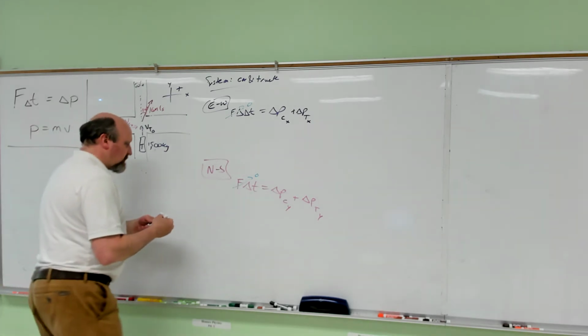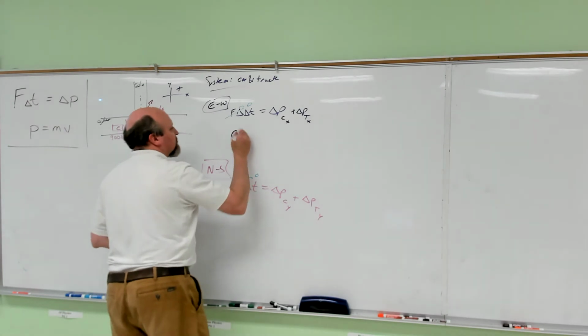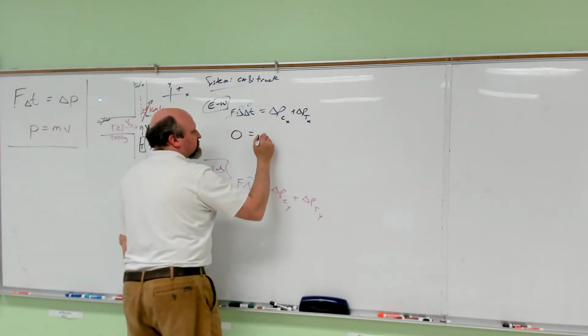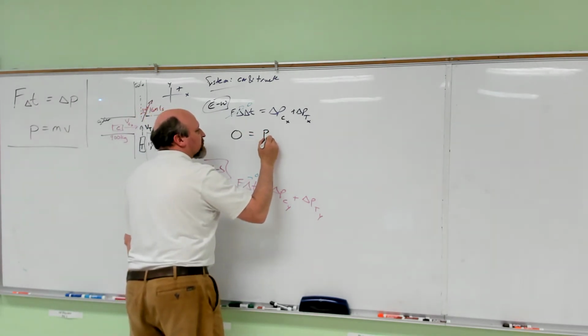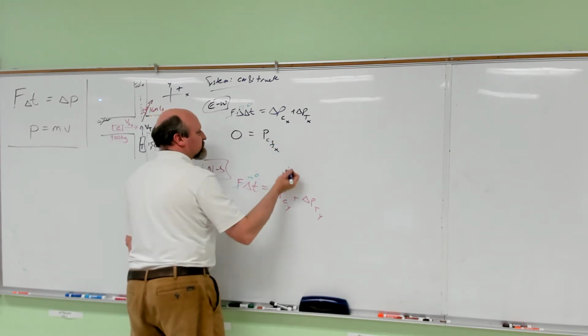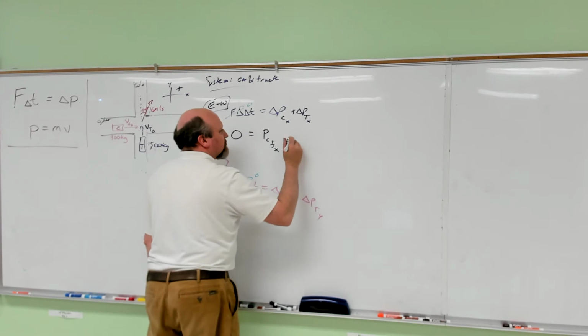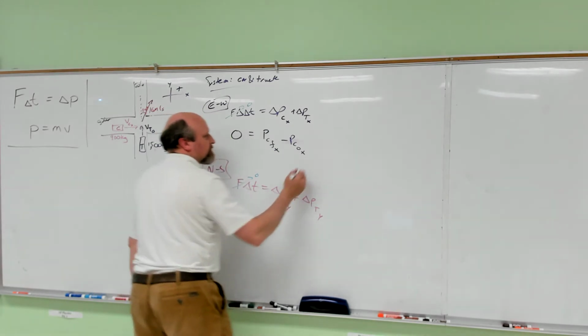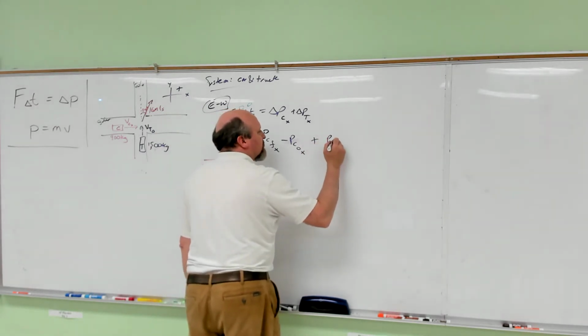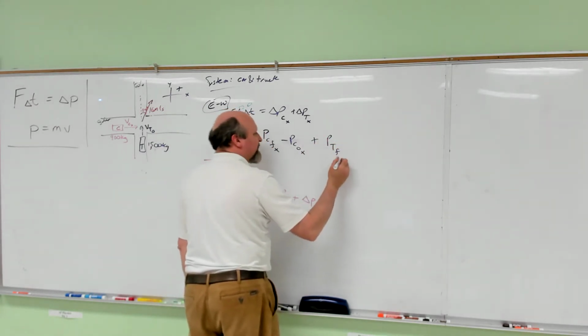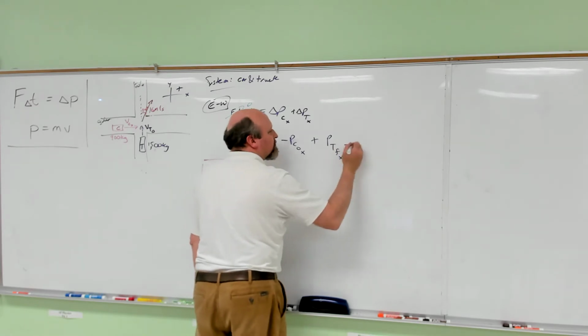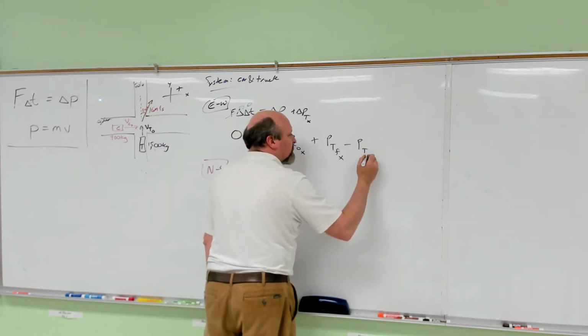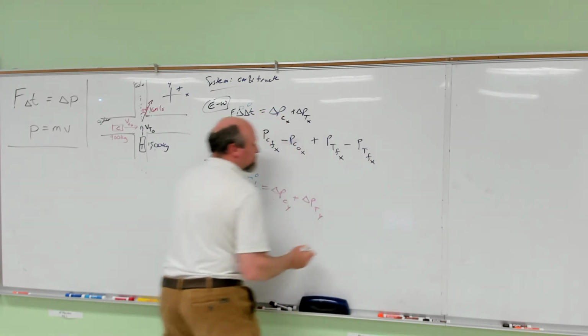All right, if I do that, what does this look like? Delta is final minus initial. This is going to be P of the car at the end, just the x component, minus P of the car at the start, just the x component, plus momentum of the truck at the end, just the x component, minus momentum of the truck at the start, just the x component.